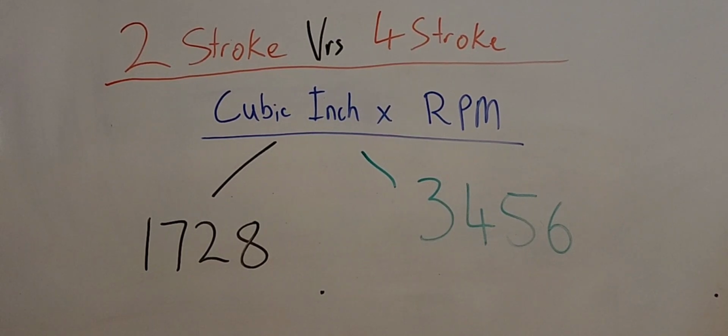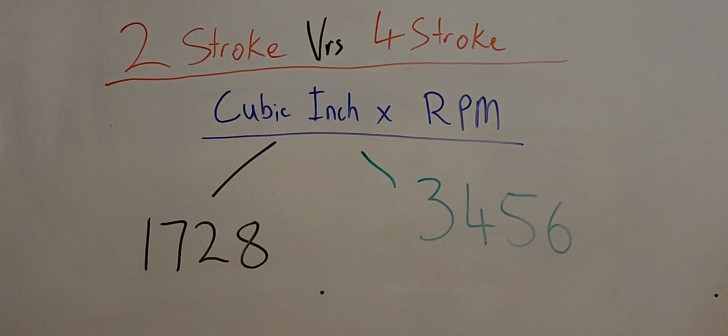Alright, 2-stroke versus 4-stroke. When it comes down to power, it is in favor of the 2-stroke, and it simply comes down to this underlying formula. Cubic inch times RPM divided by, and we look at both numbers: if it's a 2-stroke, 1728, which is a simple formula simply converting cubic inches into cubic feet.